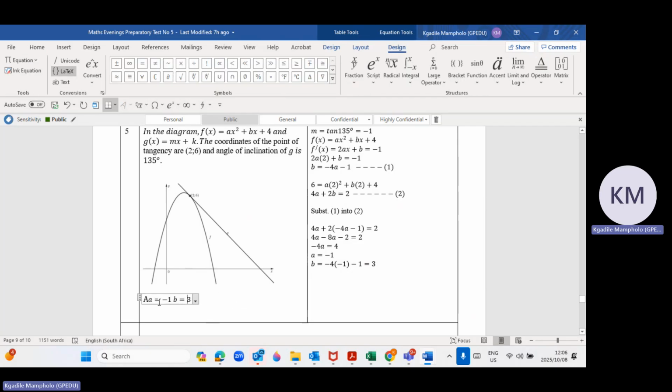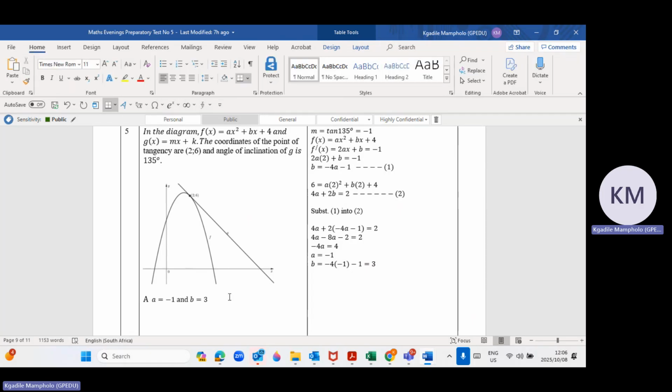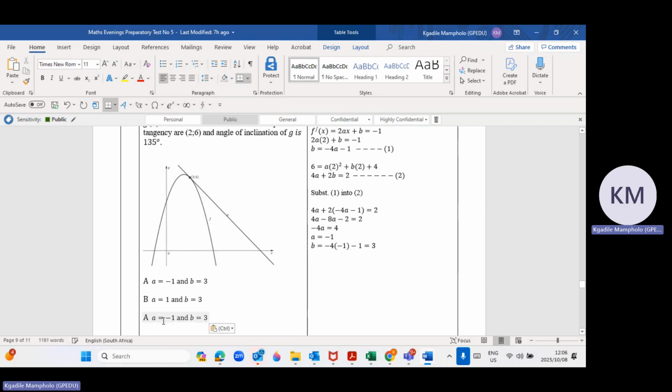Like I'm saying, it's good that I'm working this out before you write the test. A is this. Let me make A the correct answer. I'll play around and change the others. So here I can just say 1. Then I say B. Let's say C. Let's say A. I also put minus here.